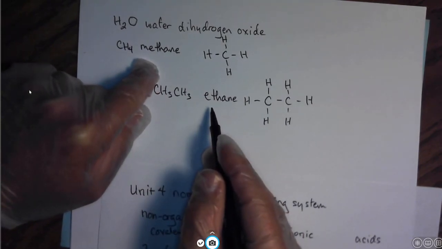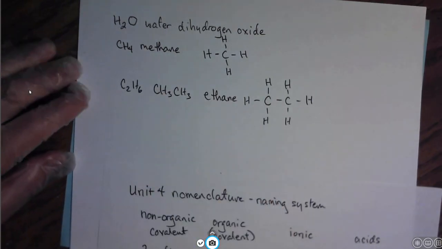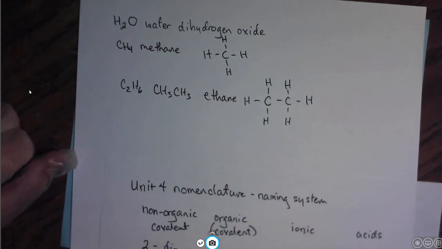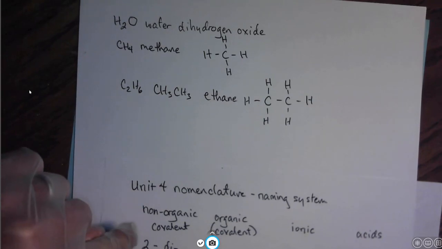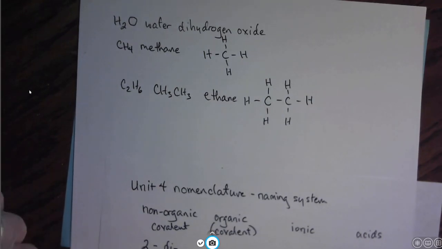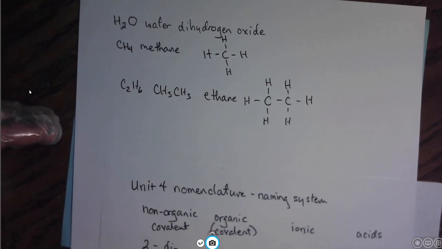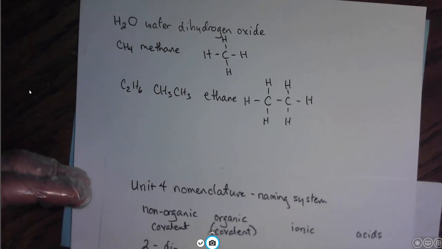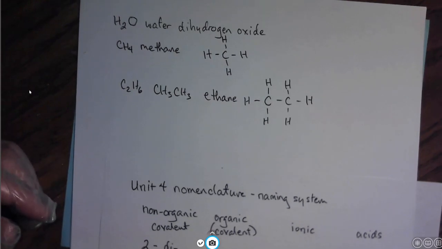The root names for organic tell you how many carbons there are in a chain. Does that make sense?